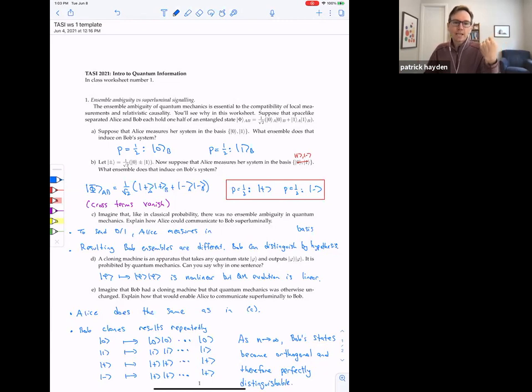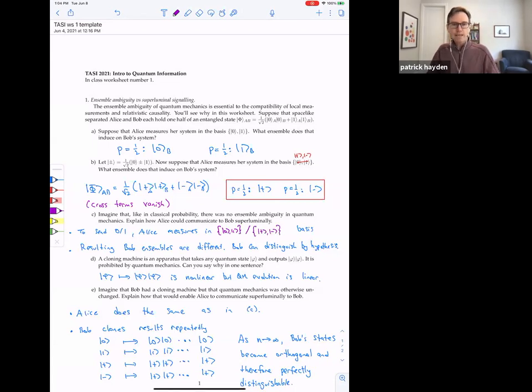In that case, that would give us a way for Alice to send a message to Bob superluminally. If she wanted to send, say, 0, then she could measure her half of that entangled state in the 0, 1 basis. And if she wanted to send a 1, she'd measure her half of the entangled state in the plus minus basis.